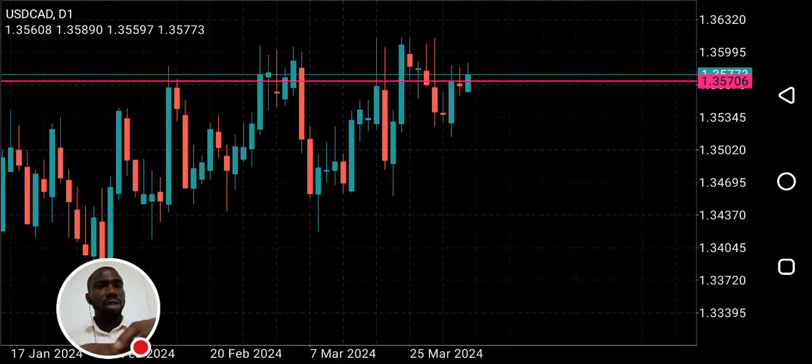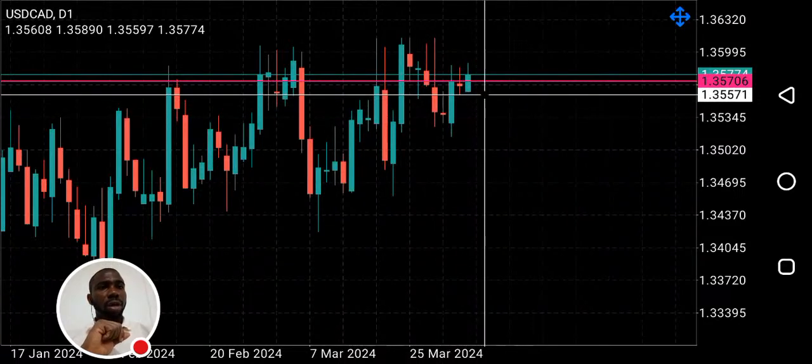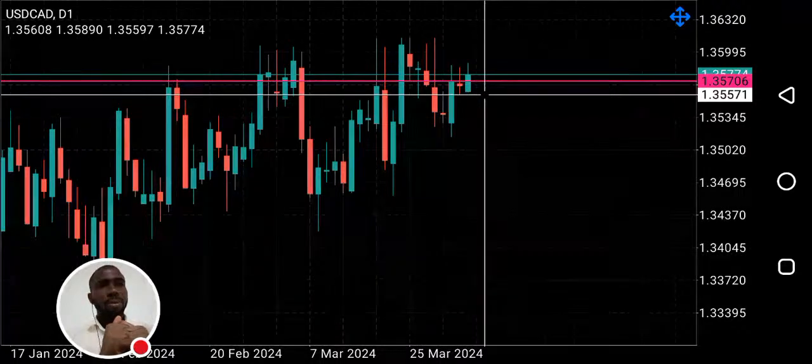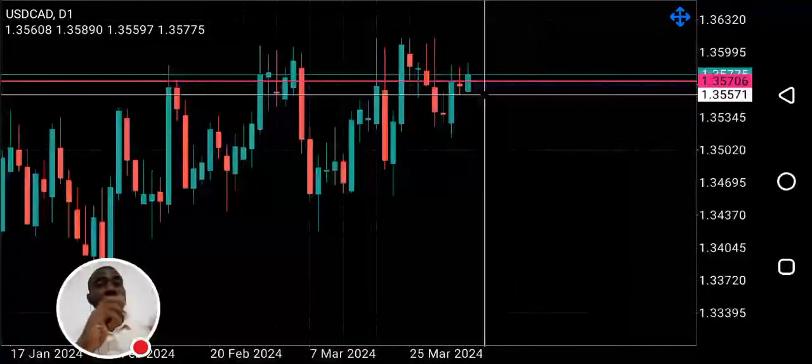After the close of today's candle, a new support will be formed, and we should consider selling if that support is broken. So if we are considering selling USD CAD this week, we should wait for that support to be broken. But right now, the bulls are still in control.